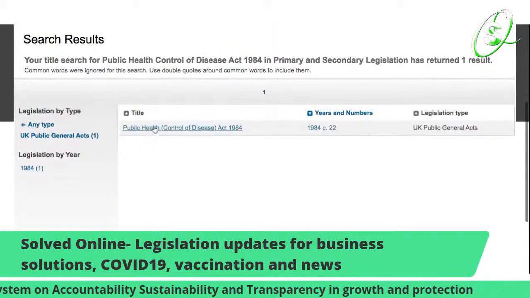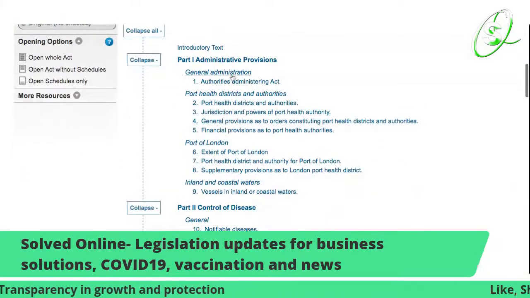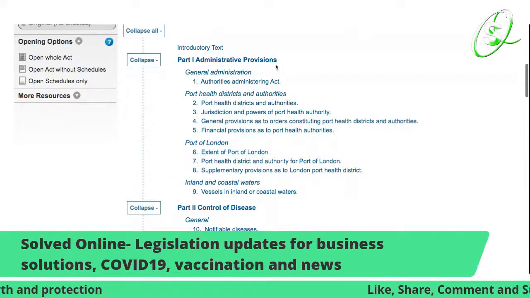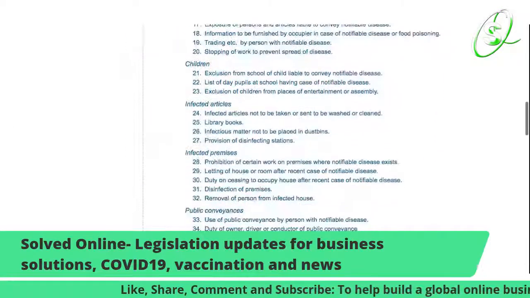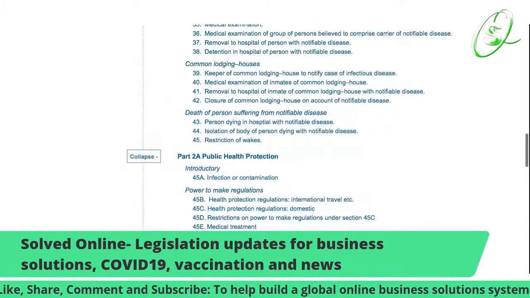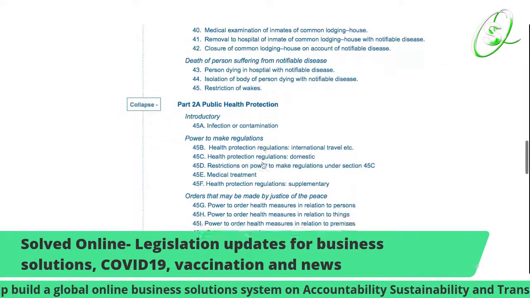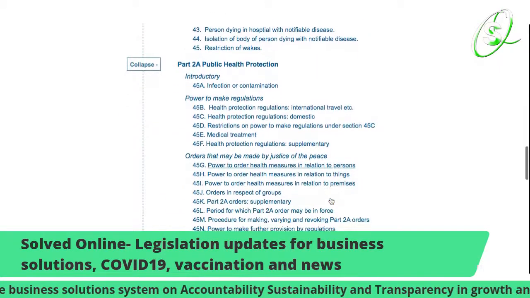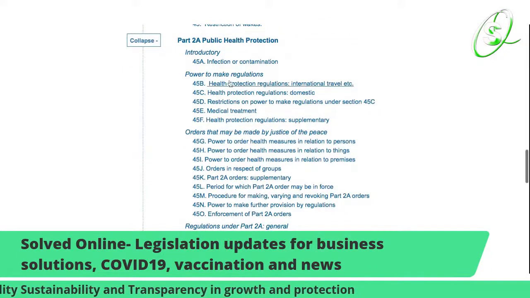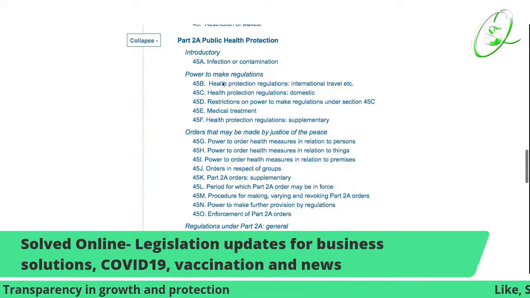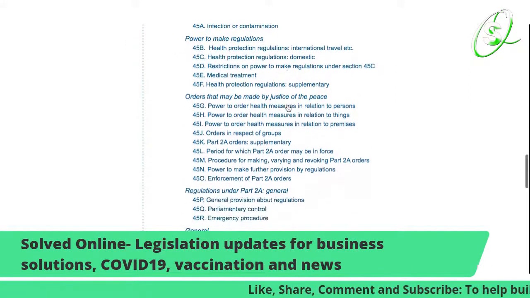So this is the Public Health (Control of Disease) Act, and these are all the sections. Administrative provisions, control of disease, and this is a very important part, public health protection. I always have public health protection. Public health protection gives powers to make regulations. I think this is a section that we have to go through. Powers to make regulations.